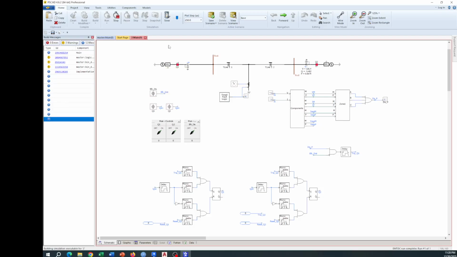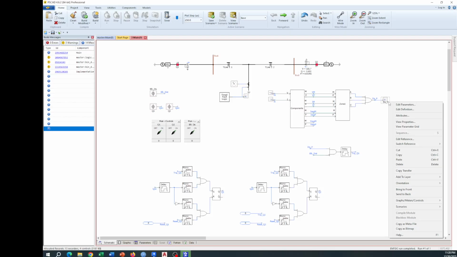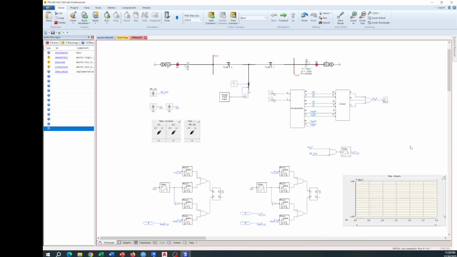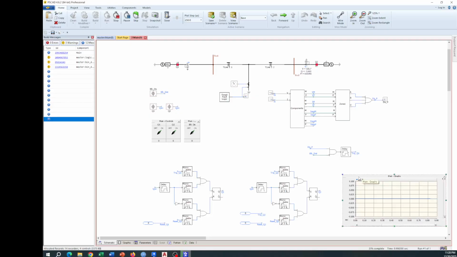As there is no fault, our circuit breaker did not trip, and there is no tripping signal.